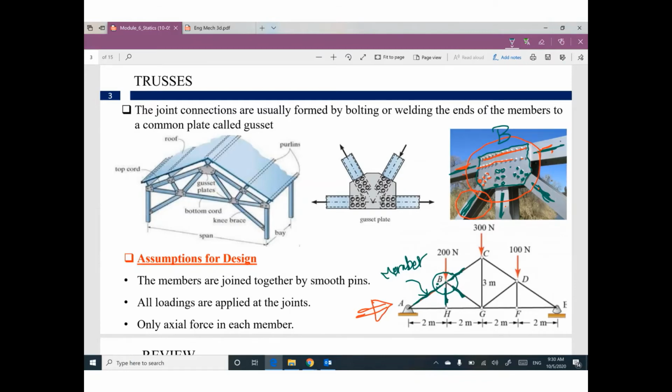Any questions so far? So guys, we are talking about a real structure, which is called a truss. Your truss looks like members. These members are connected together by joints, and the whole structure is supported by supports. Your support looks like a hinge or sometimes a roller.